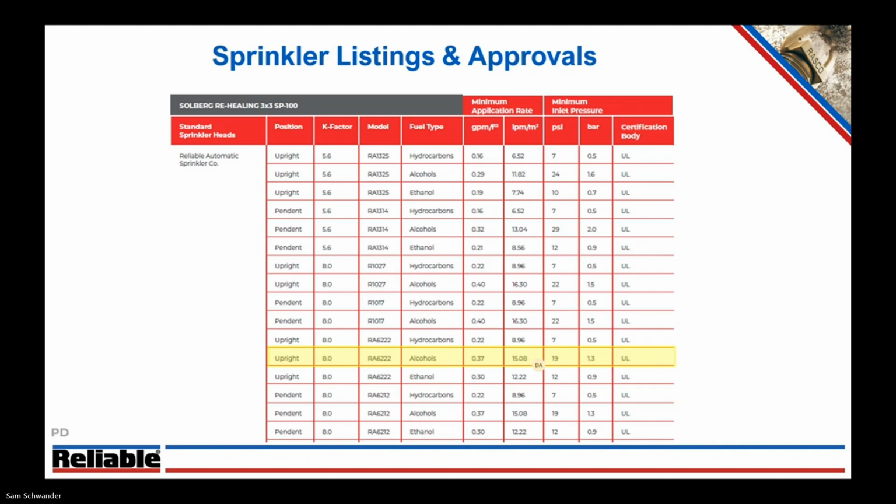Just as a class of suppressant agent, generally a little bit higher. So NFPA 30 is calling out 0.3 gallons per minute per square foot, but the listing's 0.37. So we're going to default to whatever's higher. In this case, we're designing around a 0.37 gallons per minute per square foot application density with this 8K head.